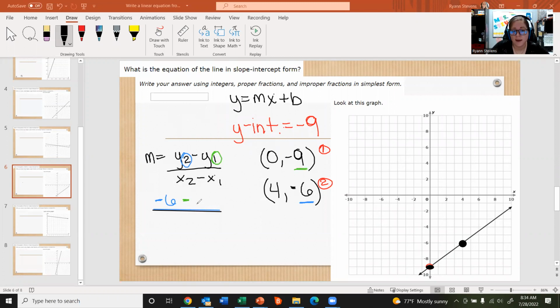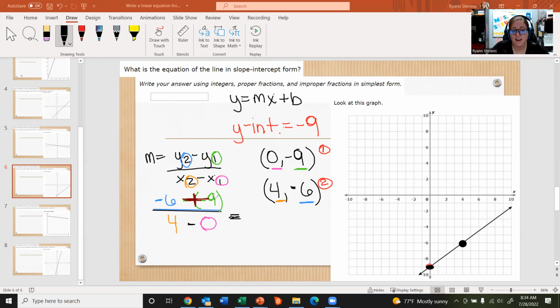And it's always minus, so we're going to say minus a -9, which we can also go back and say a negative and a negative is just going to give us a positive. Then we have x sub 2 in the denominator, which is 4. And then minus, we could say x sub 1, which is 0. And then we solve.